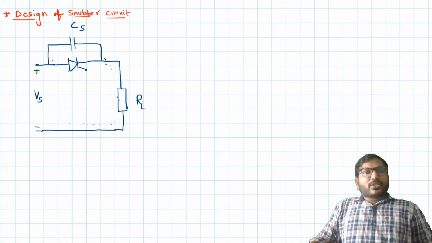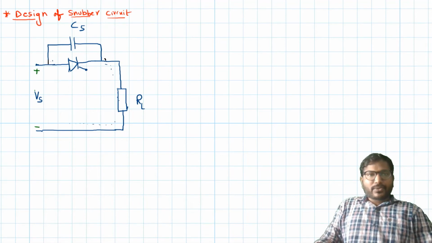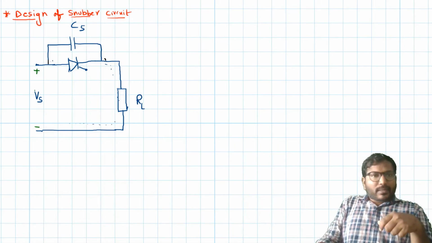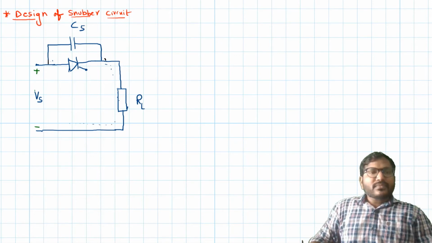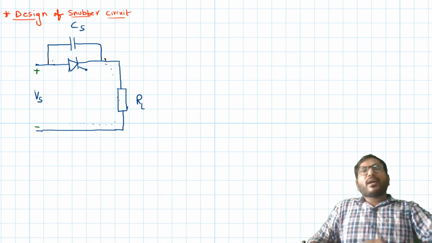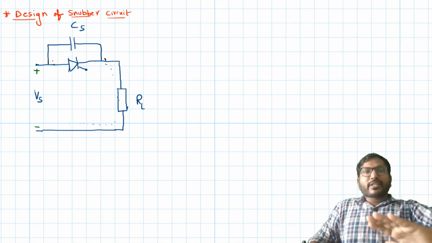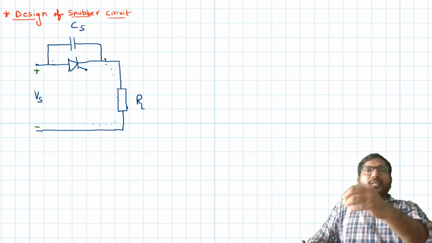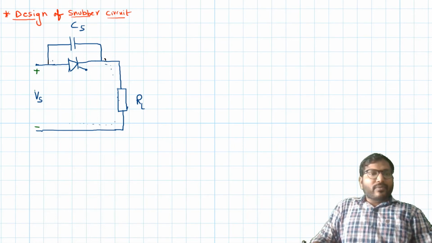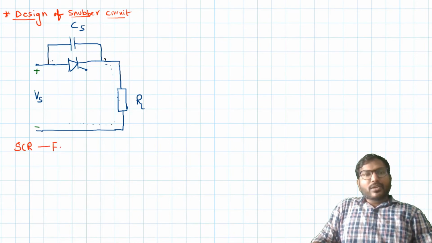Coming to the design of the snubber circuit, consider the element which can oppose dV by dt, that is only the capacitor, and here I am not taking the current limiting resistor. This dV by dt problem exists only before the triggering, or before conduction of the SCR, that is, when the SCR is in forward blocking mode.